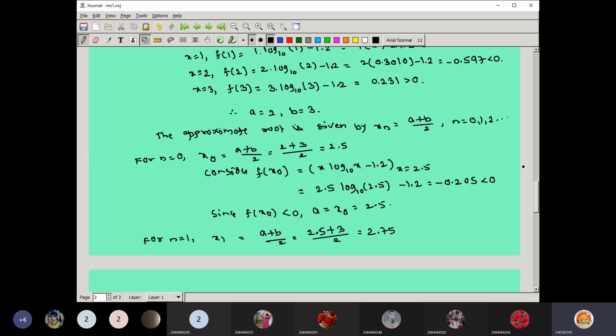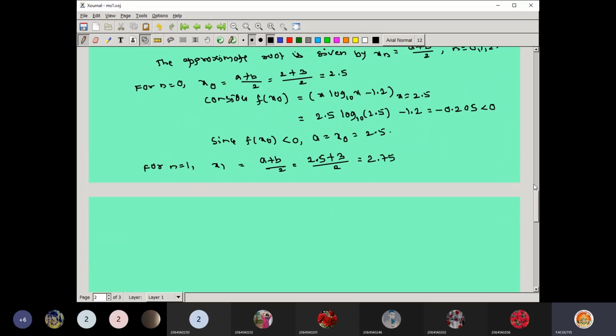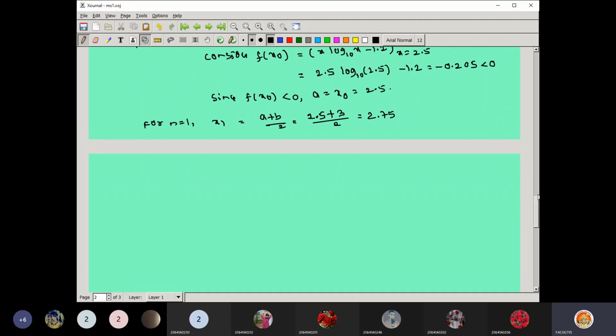So once you get that x1 value, again you are substituting in the expression. So directly I'm substituting here f of x1. In your f of x, it is x logarithm of x minus 1.2. There you write down x equal to 2.75. So 2.75 logarithm of 2.75, only press LOG button, minus 1.2. Tell me what answer comes.